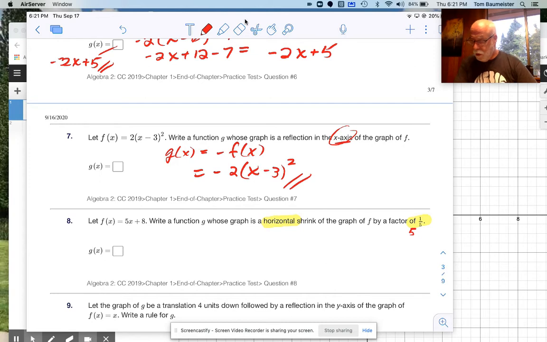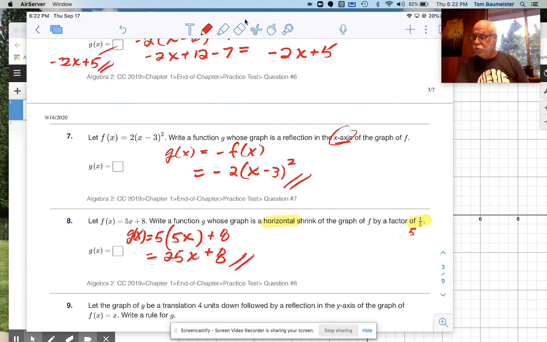Okay, and remember, I'm going to put that on the inside. I'm going to attach it to the x. So I have 5 there. I'm going to take this new 5 and attach it to the x, and then I'm going to add 8 to that. So again, 5 times 5 is 25, x plus 8. And that will be my answer for that one.